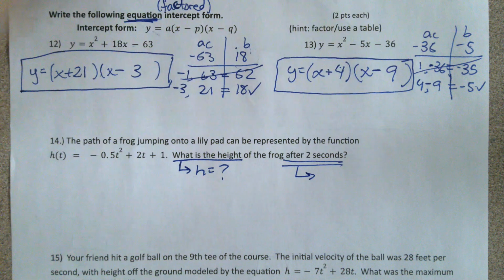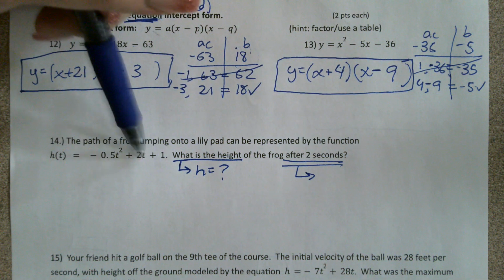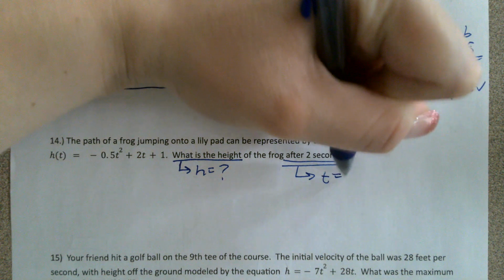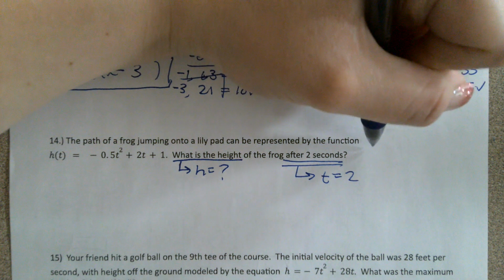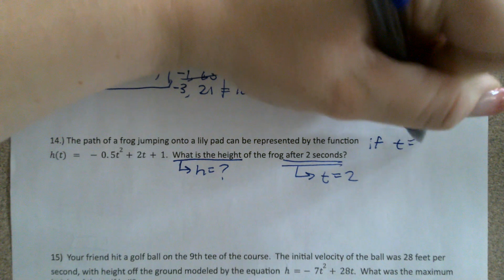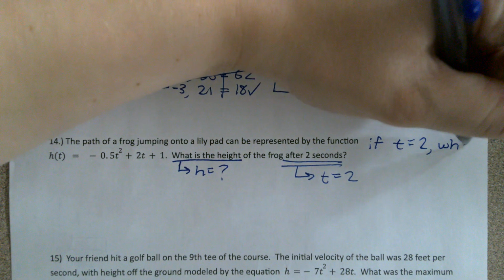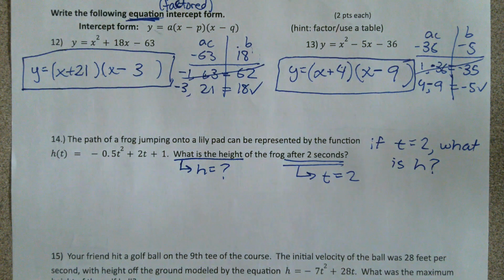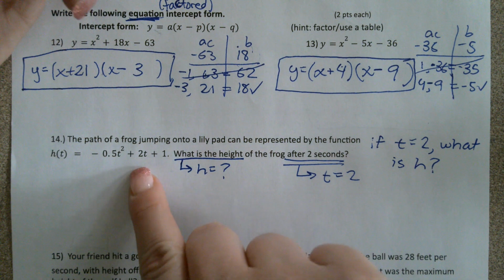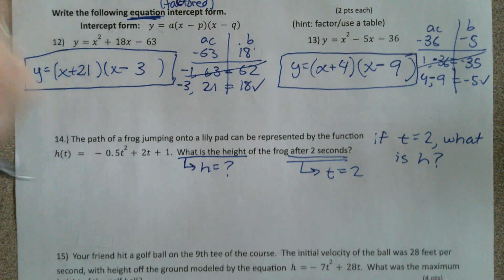This is so important. 2 seconds, that tells me t here, t time. T is 2. So the question, what I'm trying to figure out, if t equals 2, what is h? That's the question. So plug in 2, find h.